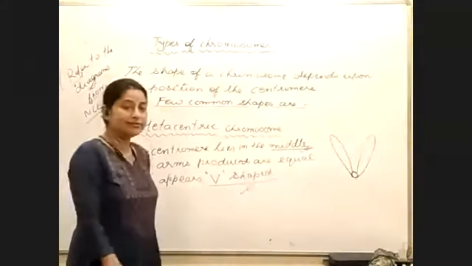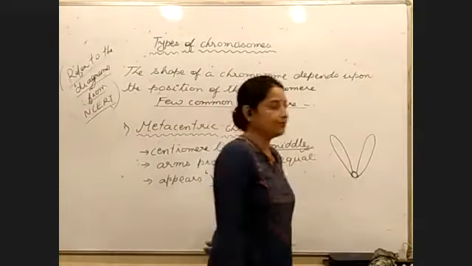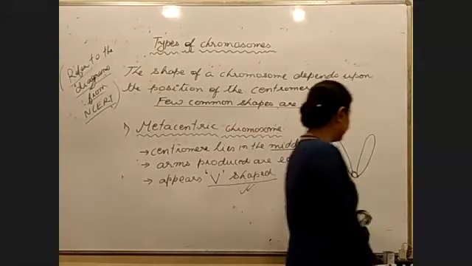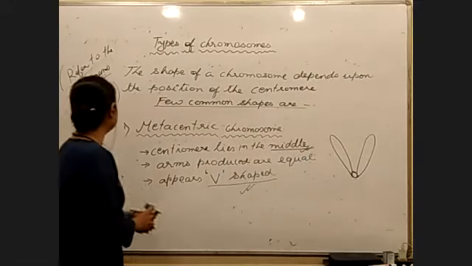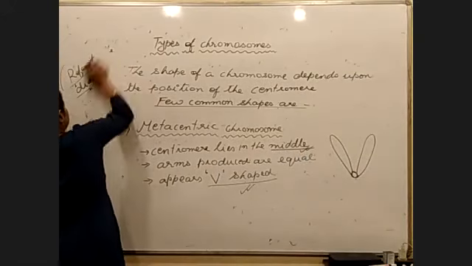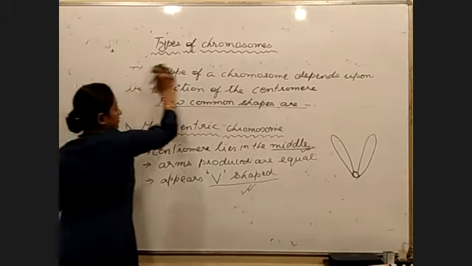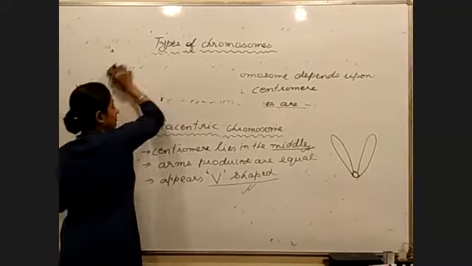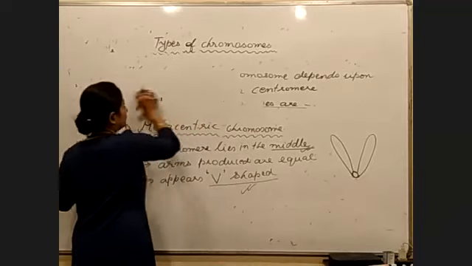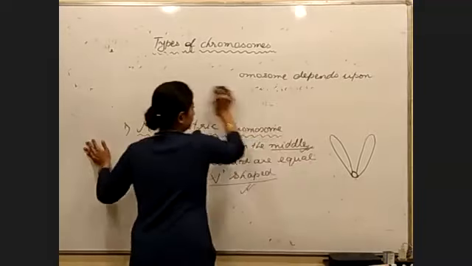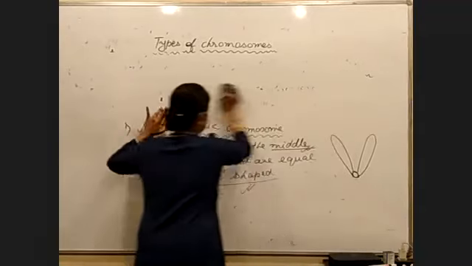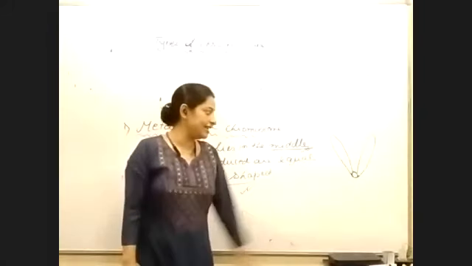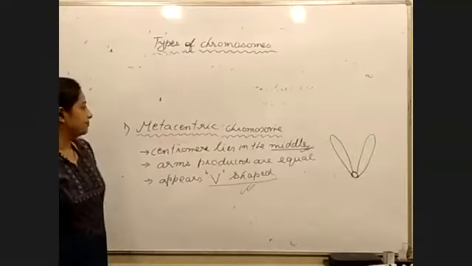But for the diagrams, please refer to your NCERT book. You have to keep it in mind. If you have to identify the diagram and you see this type, you have to say that it's a metacentric chromosome.